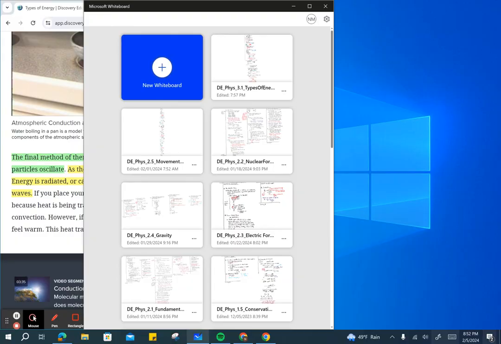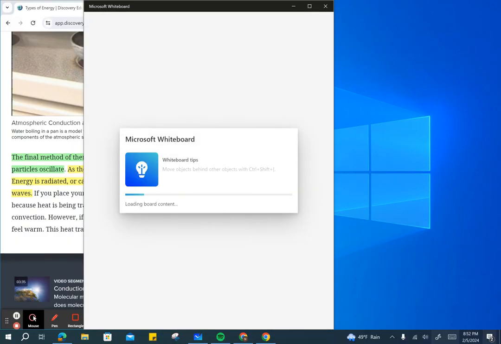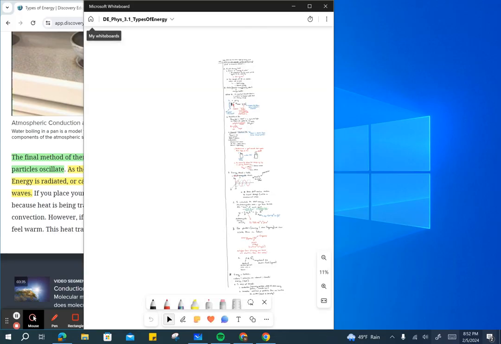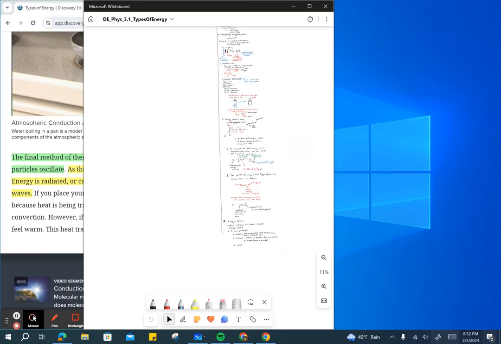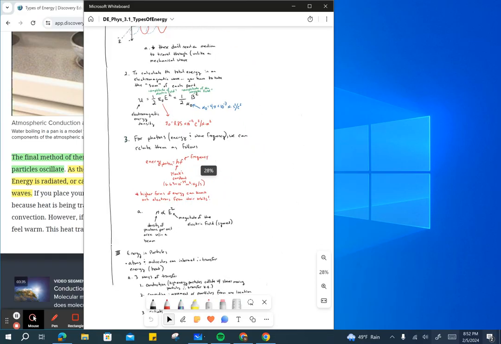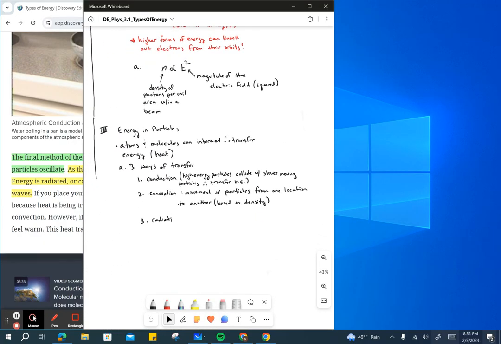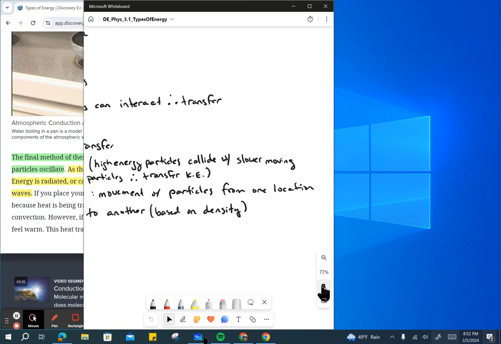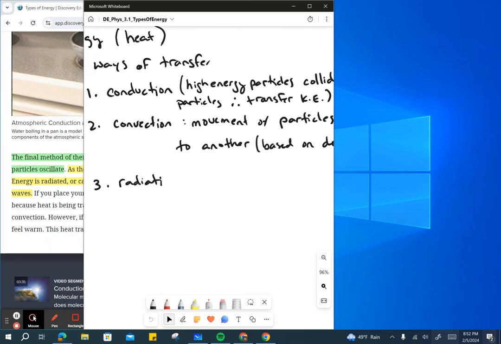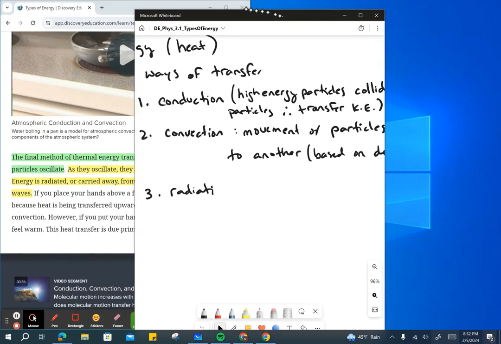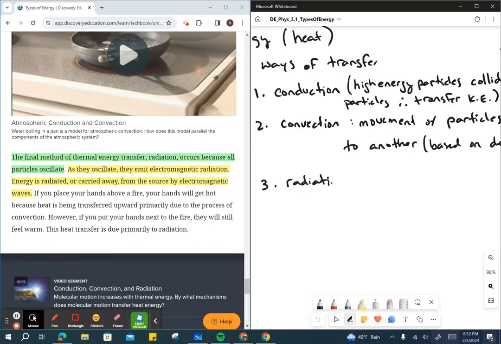And let's try to get, we were on 3.1. And I believe that we were down here. Get this back to, that looks pretty close. We're talking radiation. So let me just drag this back over here. Radiation. Okay.